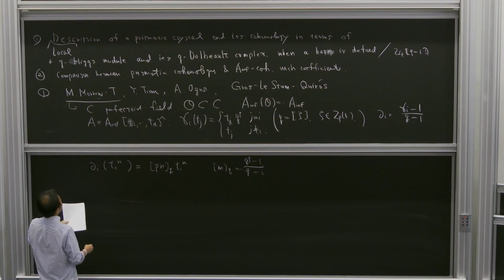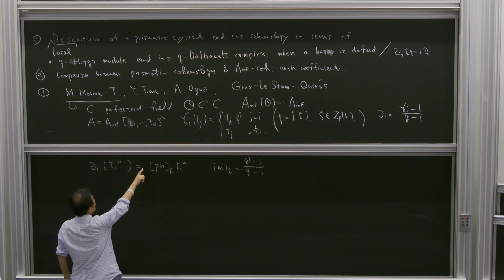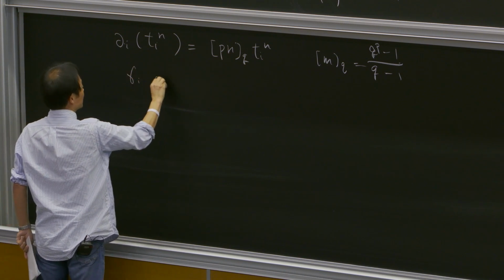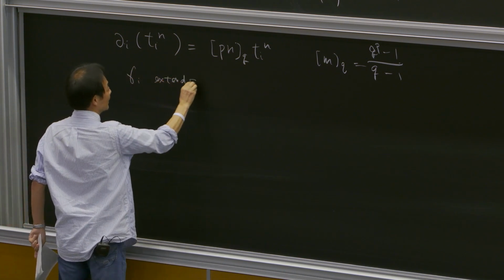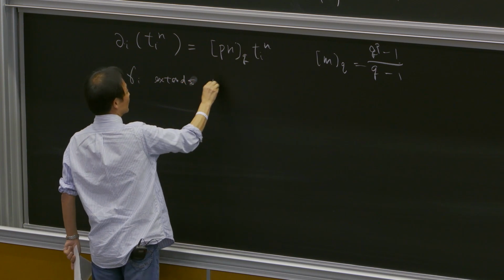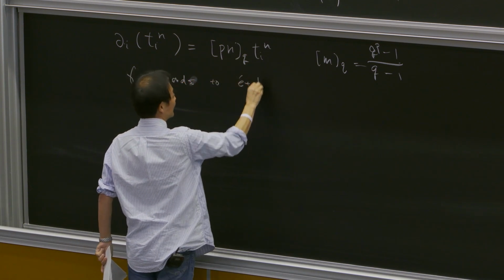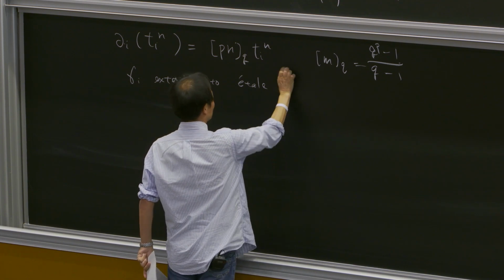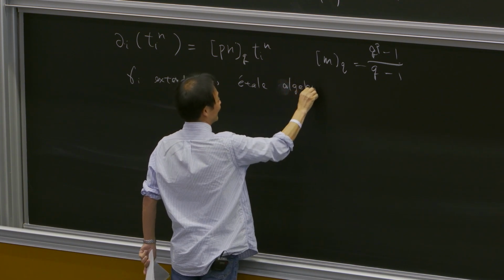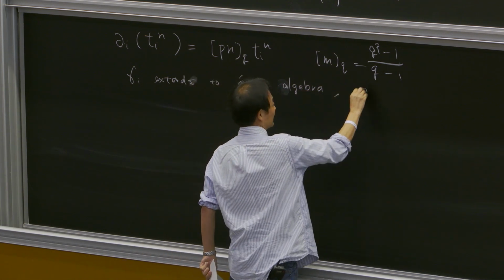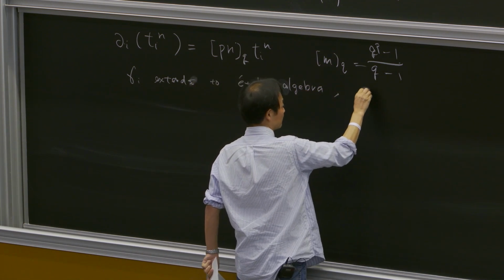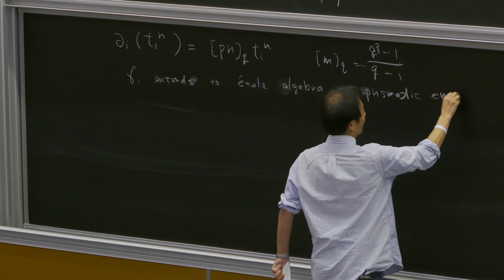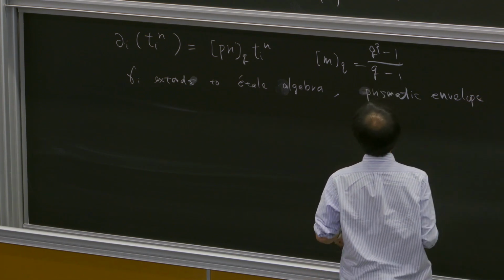And then the advantage of starting with gamma_i is that gamma_i extends to an étale covering, étale algebra, or the prismatic envelope.